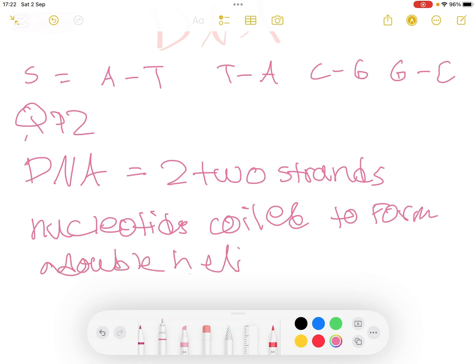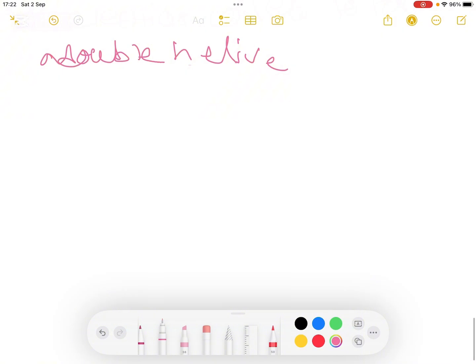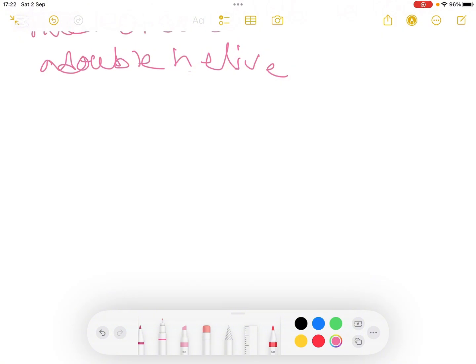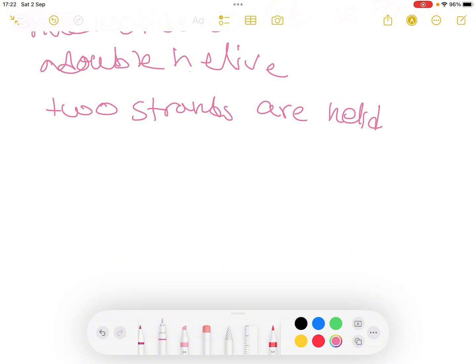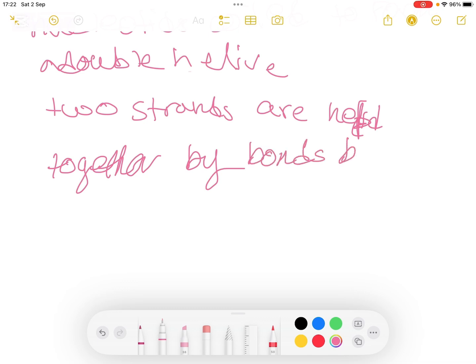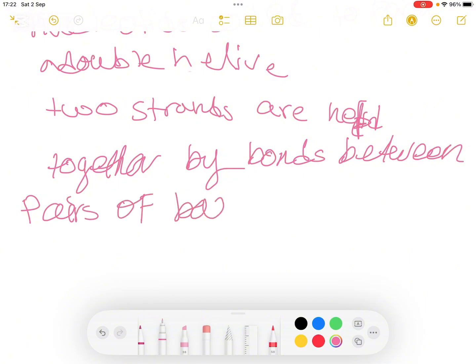And the 2 strands are held together by bonds between the pairs of bases.